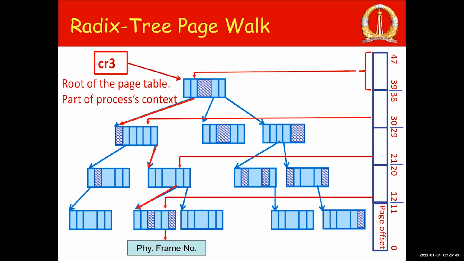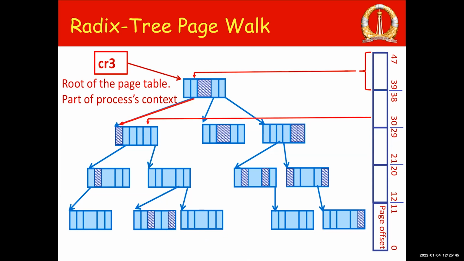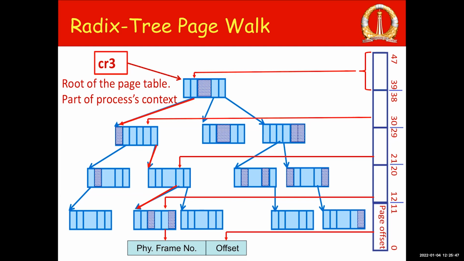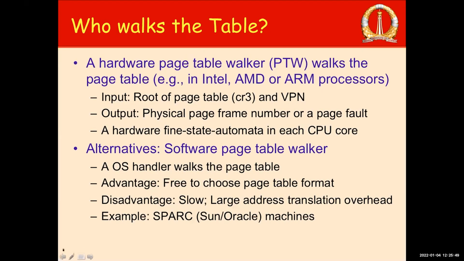That's what I was trying to explain in one of those slides. You can either do this page walk using hardware or using software. An OS handler will do the page walk by executing it as a program, but that could be slower. I believe you have one more question.